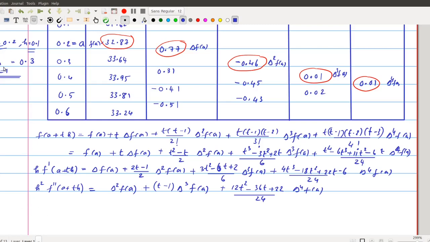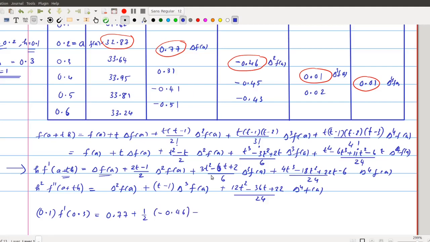Substitute these values: h is equal to 0.1, a is equal to 0.2, and t is equal to 1. So that will give 0.1 times f dash of this value, which will be 0.3, is equal to, you substitute for del f of a, that is 0.77, plus (2t minus 1) by 2, that is 1 by 2 itself, times del square, that is minus 0.46.